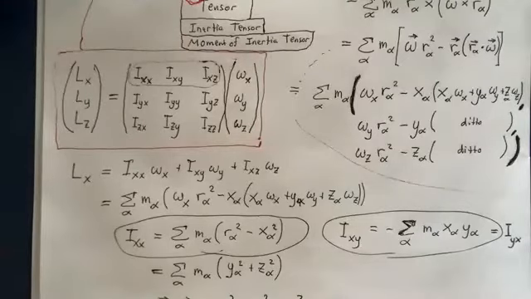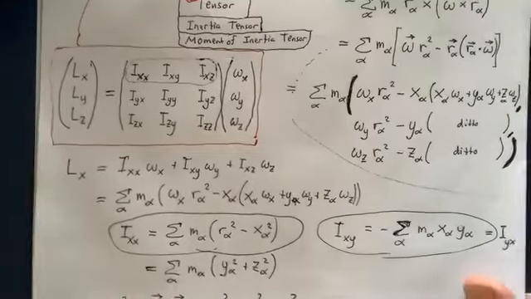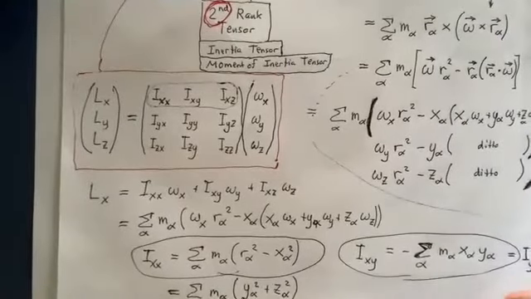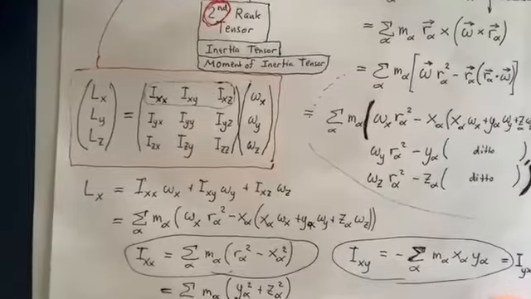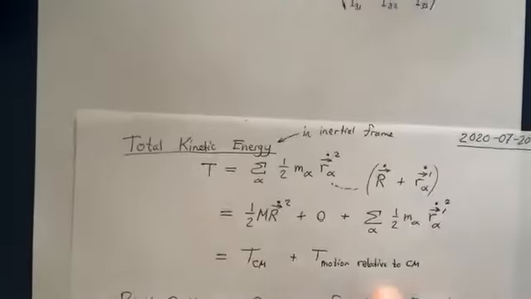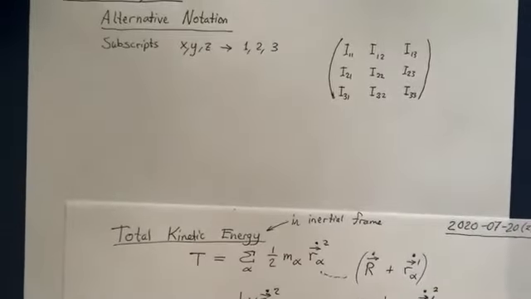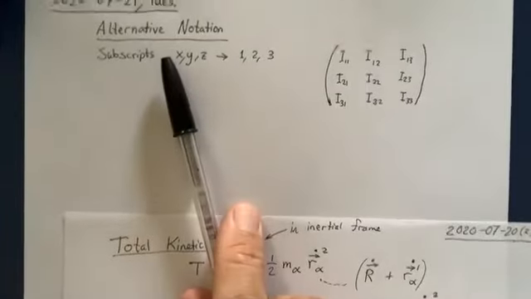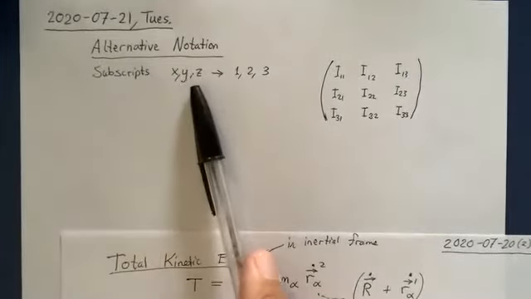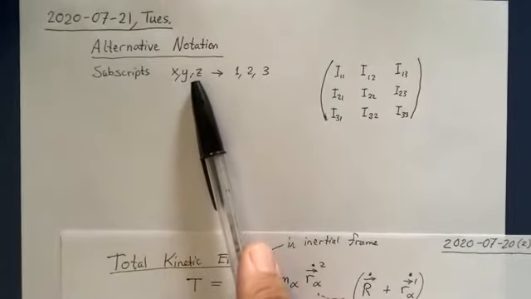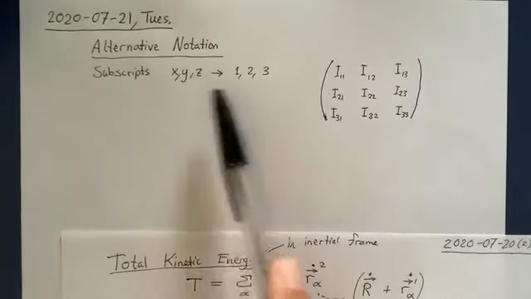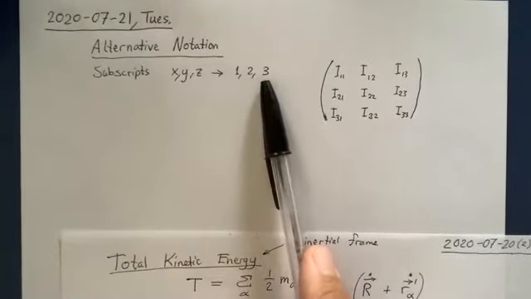We're also going to have a discussion, a very general discussion of tensors. All right. And in doing this, we're going to have to introduce some slightly different notation. Behold, this new notation, this is the alternative notation, right? So we have been using subscripts x, y, and z for the components. We're simply going to relabel those to 1, 2, and 3.